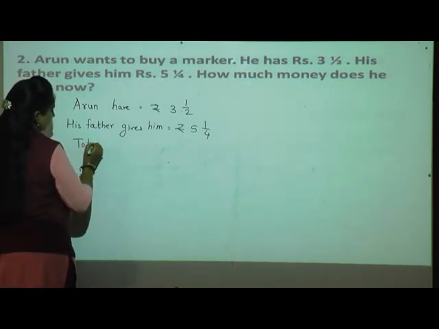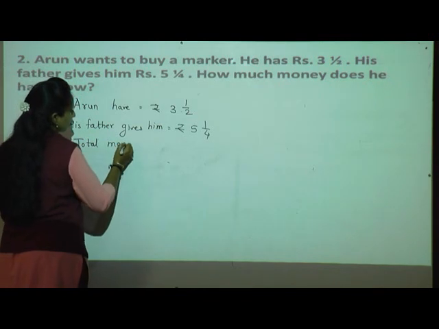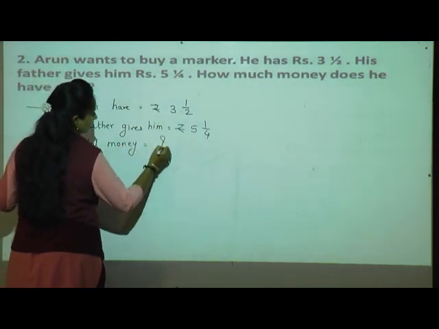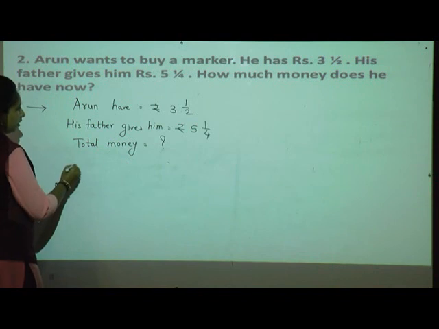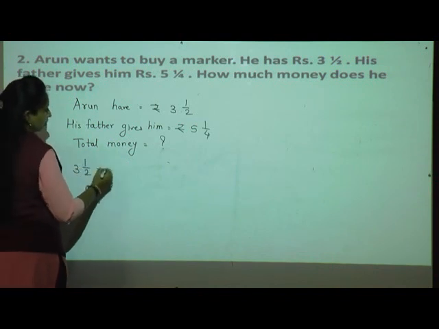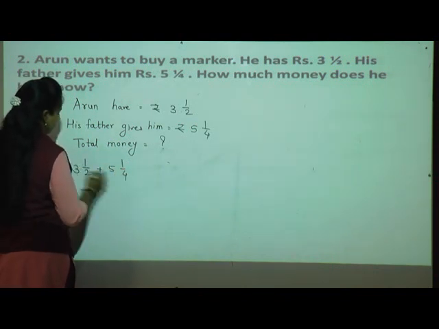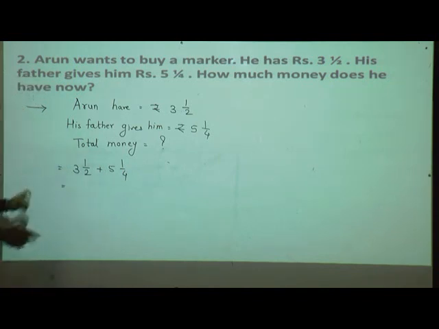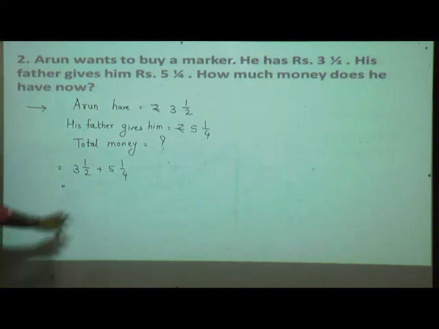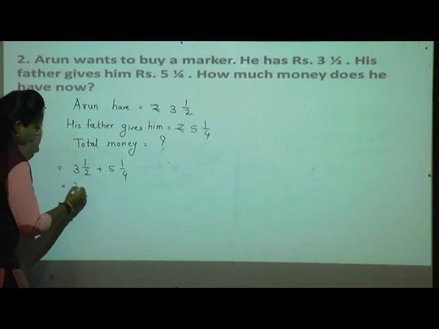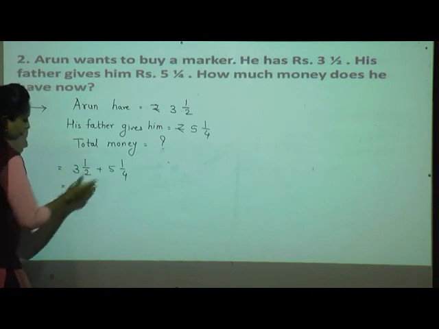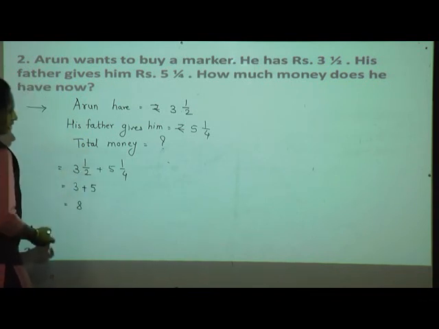Total money is equal to question mark. We have to find out. So we will add 3 1/2 plus 5 1/4. Now here both numbers are mixed fractions. So what will I do first? We will add the whole numbers together, then we will add the fractions together. Now I will separate the whole numbers. 3 plus 5 is 8.